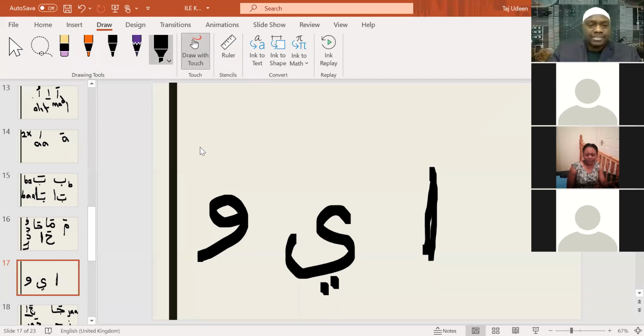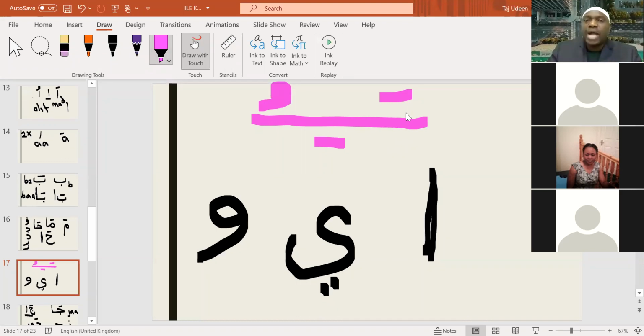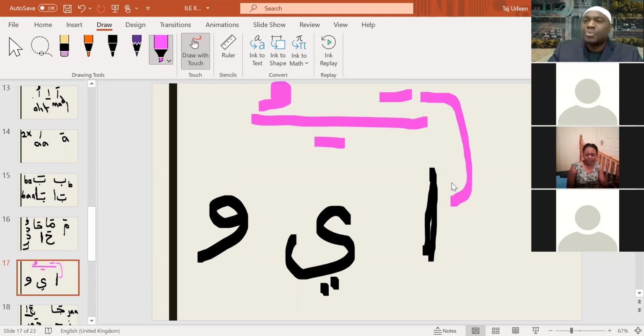These are our 3 harakat, and they are short. If I say A, it's just A. If I say E, it's just E. If I say U, it's just U. But in case we want to elongate it to make it 2 counts, alif mad is going to help fatha to make it 2 counts.